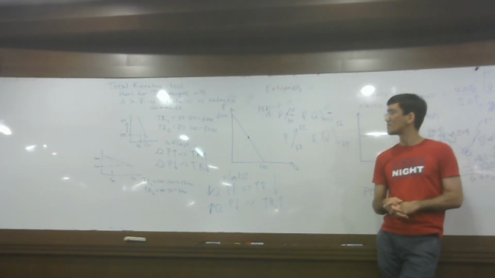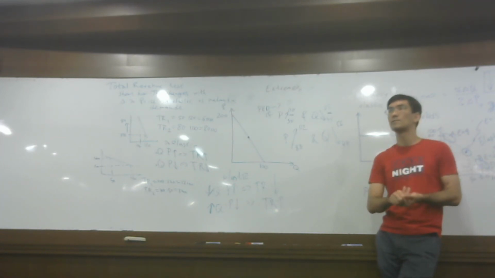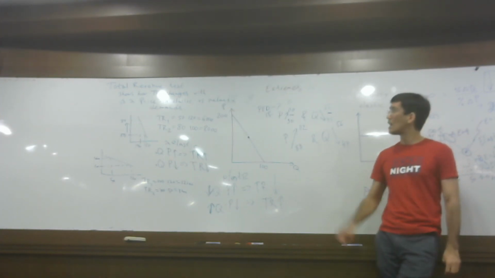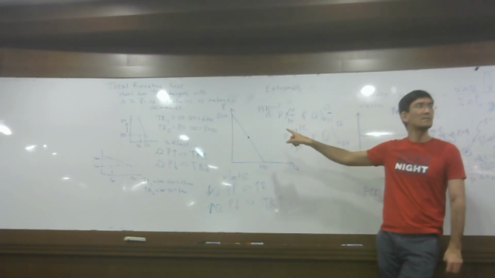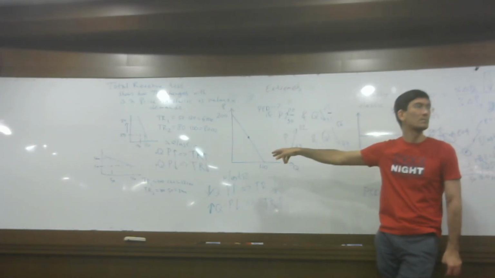So there it is. Last 3 topics for this part of the class. Questions? The Moodle slides also talk about total expenditure test. It's exactly the same, because total expenditure is the same as total revenue.